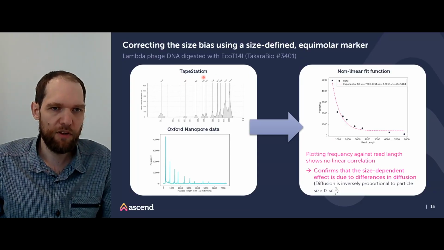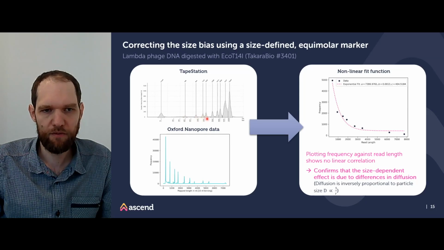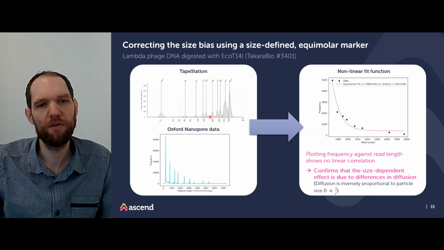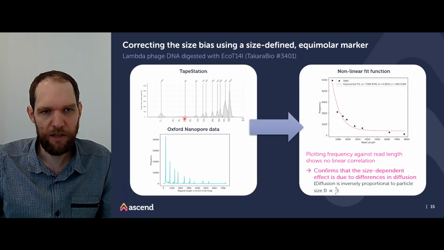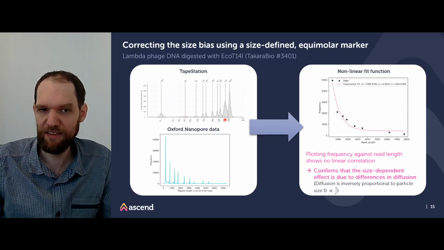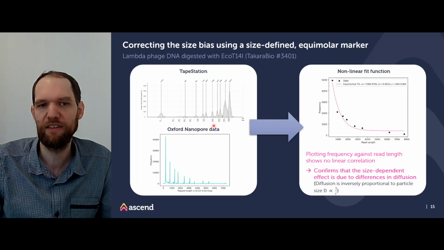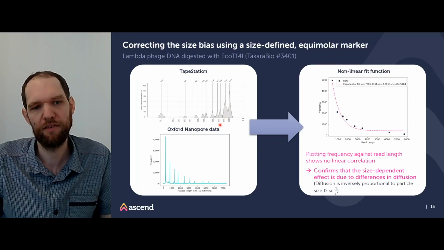And you see here, if you load this on a TapeStation, we have DNA fragments of different sizes that are all present in equimolar amounts. The TapeStation is measuring the amount of something, so the mass, and of course the larger the fragment gets, the more mass it has, and the more dye intercalates. But they are all present in the same molar amount.